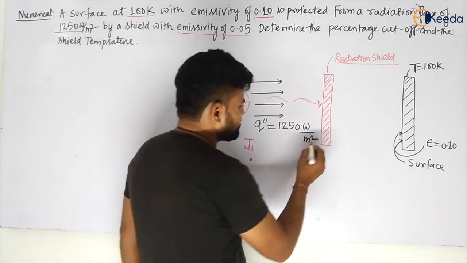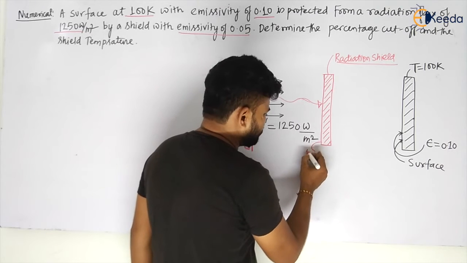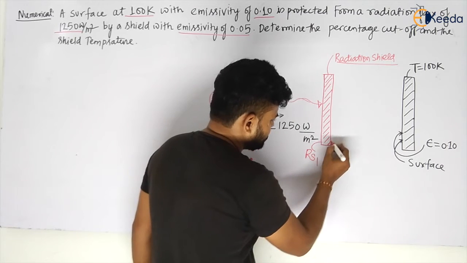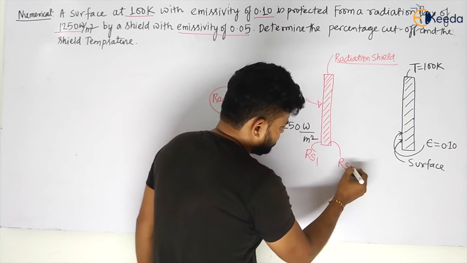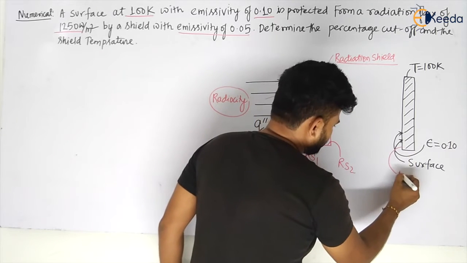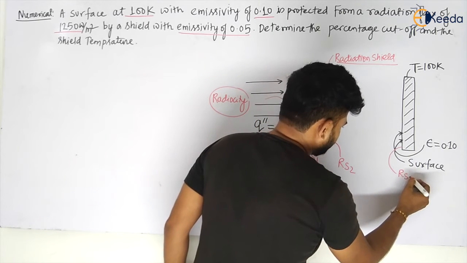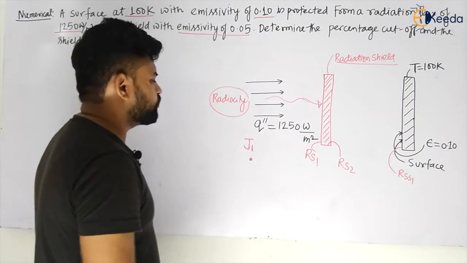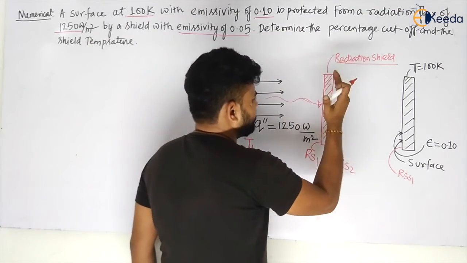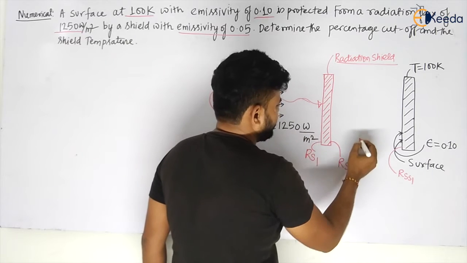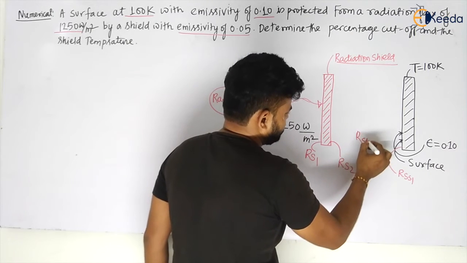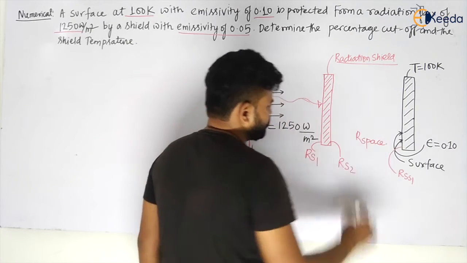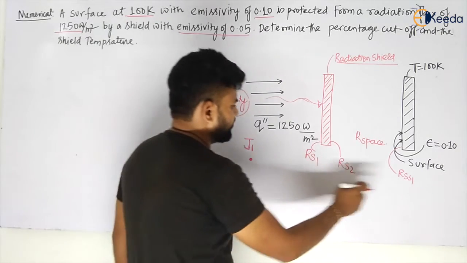Now let us see. This radiation shield will have two surface resistances, yes or no? And this will have one surface resistance, because I am only considering this, that is surface 1. And also there will be one space resistance when the radiation shield will be there, R space. So let us make the diagram between these two, my dear students.